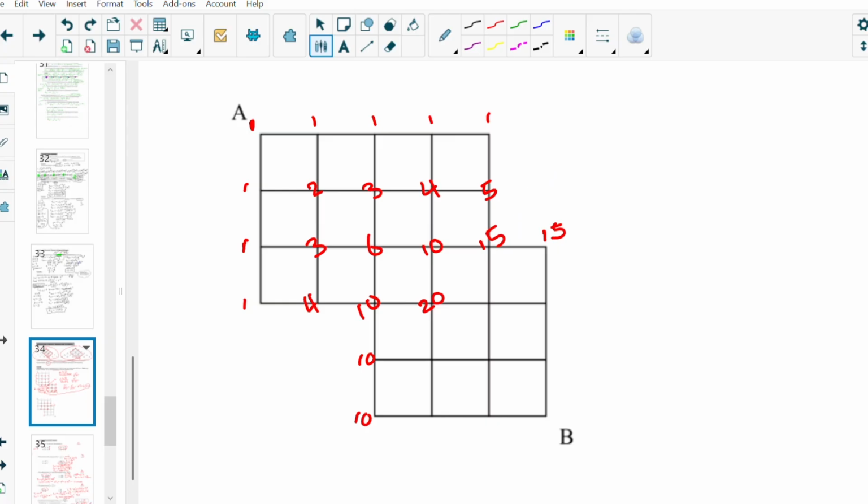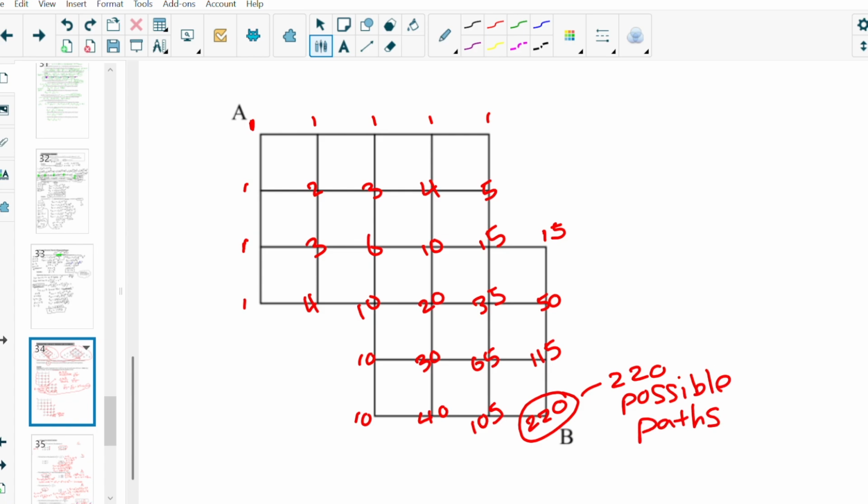Okay, let's keep going. 30, 35. This will be 50, 65, 40. This is 105. This is 115. And then this is 220. 220 possible paths.